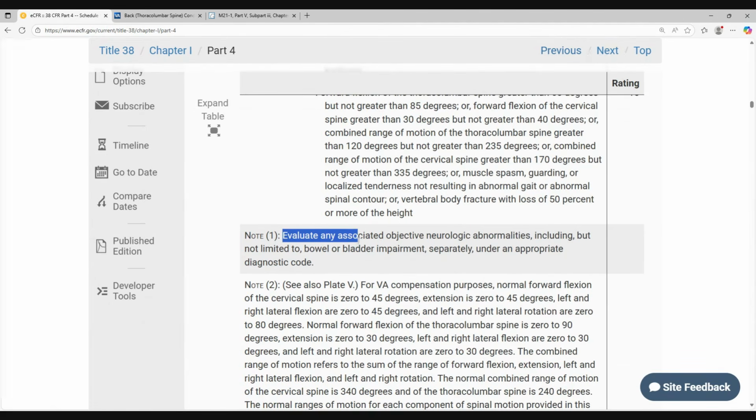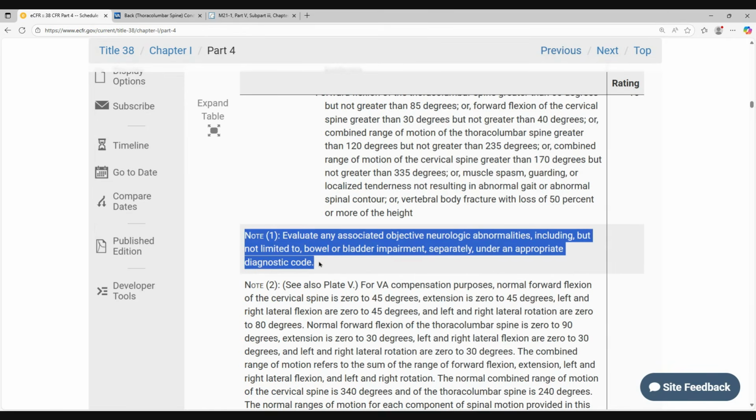And I want to make an upfront statement that not many people have successfully been able to link bowel and bladder impairment secondary to the lumbar spine. I don't understand why a lot of examiners report that it's not a possibility, but I would use note number one.